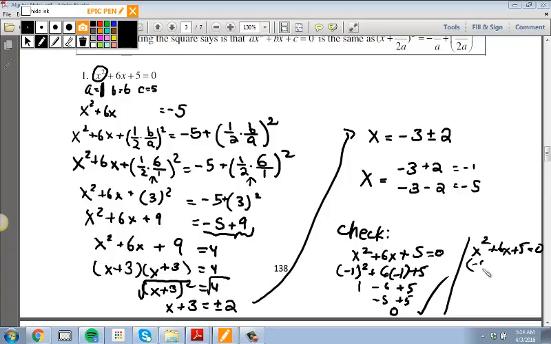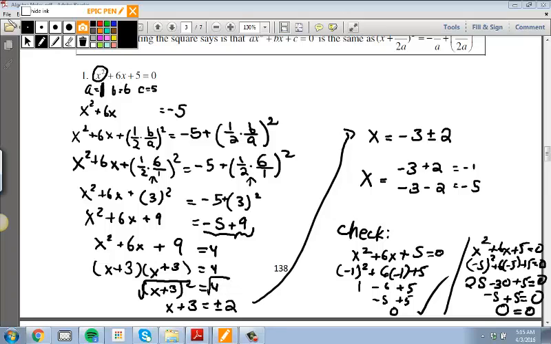If I substitute in the negative 5, I usually wouldn't check these, but I just want you to make sure for yourself that you understand that this completing the square method is going to give you something that is correct, even though it seems like a lot of work. I know it's a lot of work, but I know all of you are up for the challenge. Alright, right, Matt? I know you are.